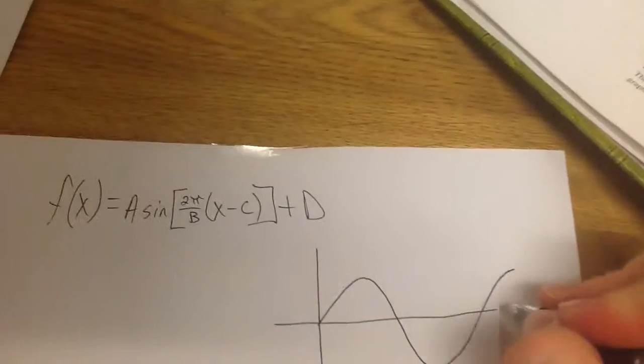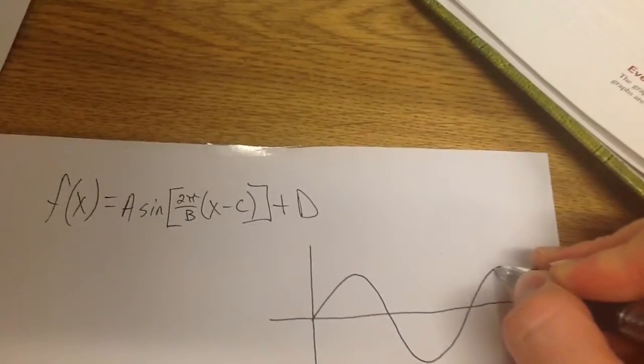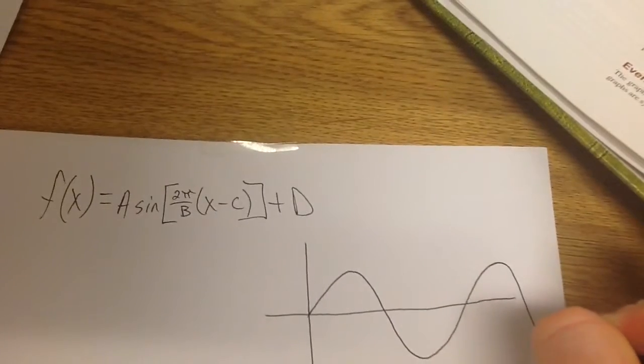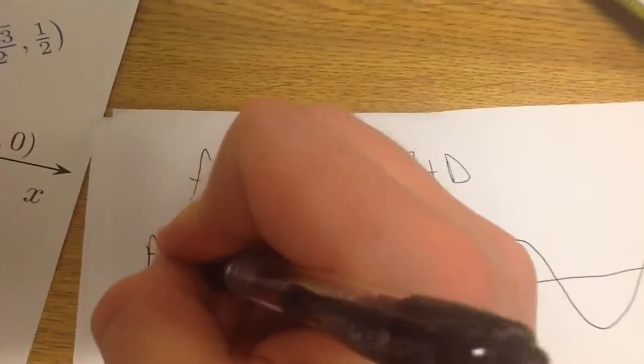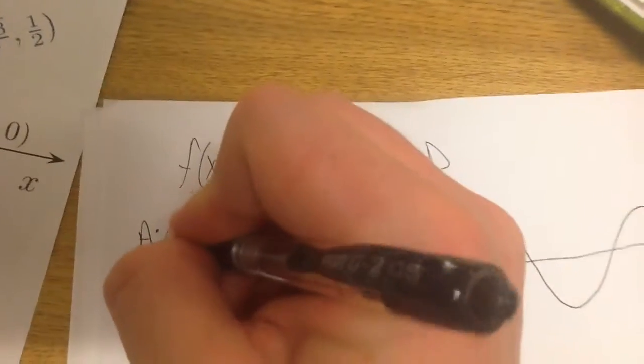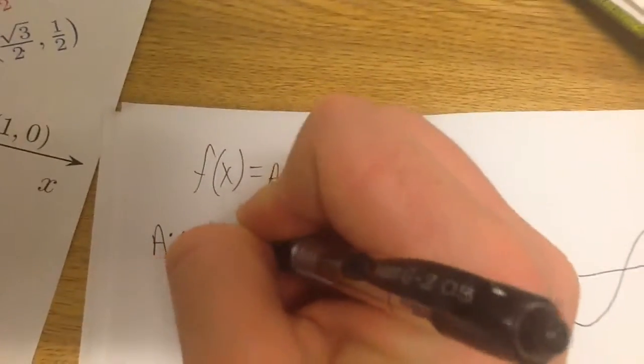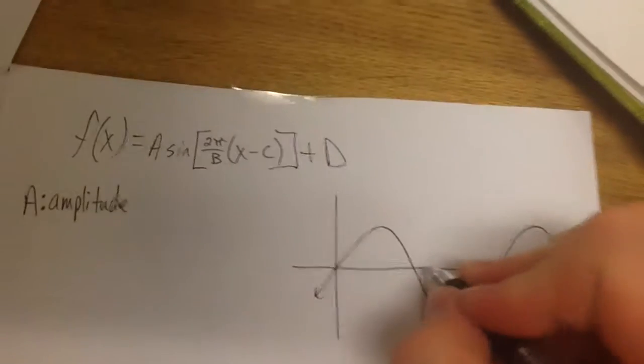We'll just... I'm out of room. Goes on forever. So A is the amplitude. The amplitude is a measure of how tall the hills are, basically.